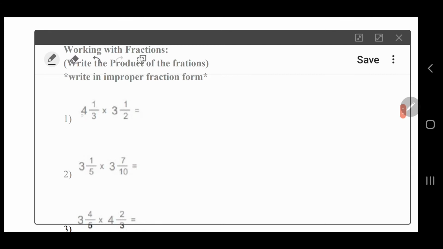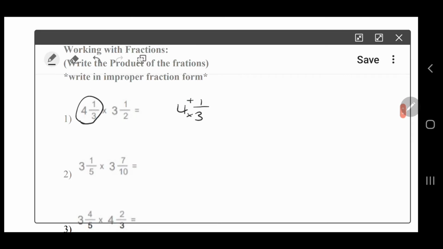We're going to convert this to an improper fraction first. So we have 4, 1 over 3. First you multiply the 4 and the 3, which is 12, and then you add the 1. So 4 times 3 is 12, plus 1, 13. The denominator, which is the 3, stays the same, okay?